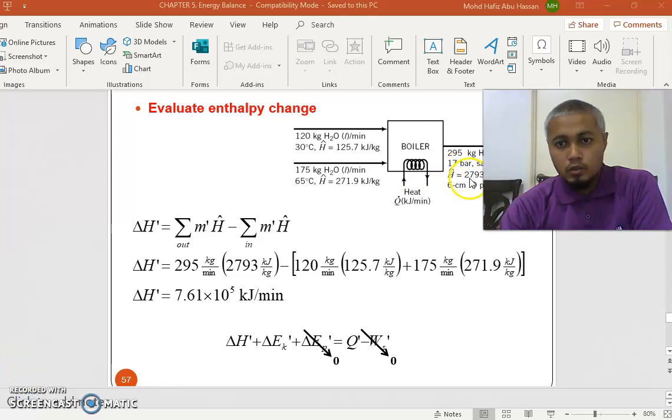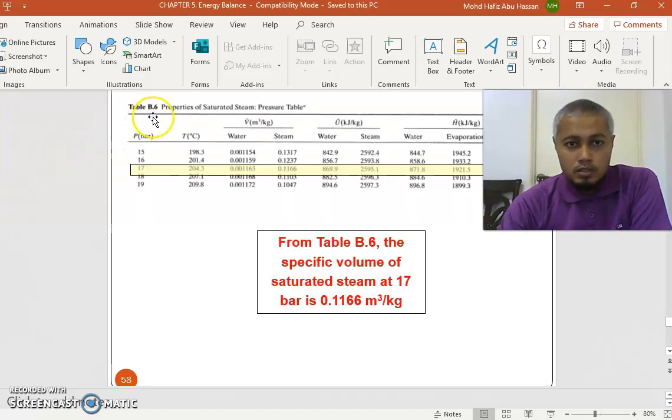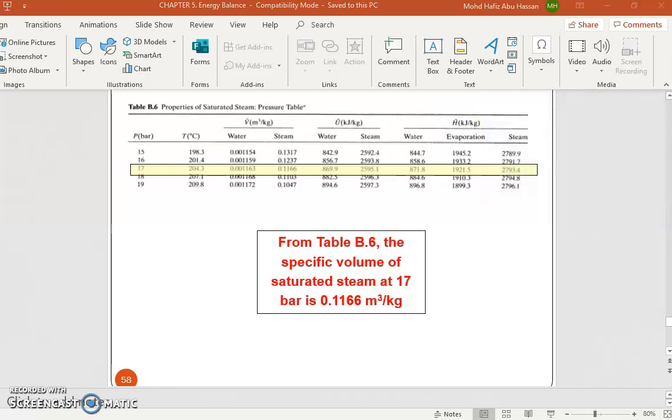How do we get this 2793 kilojoule per kg? We go to table B.6, where we go to 17 bar, and we go to steam. The enthalpy for steam is 2790.4.